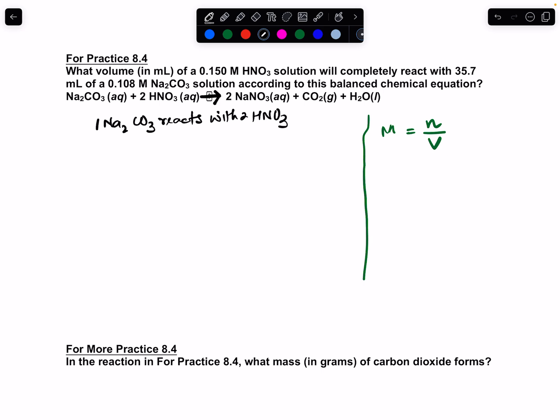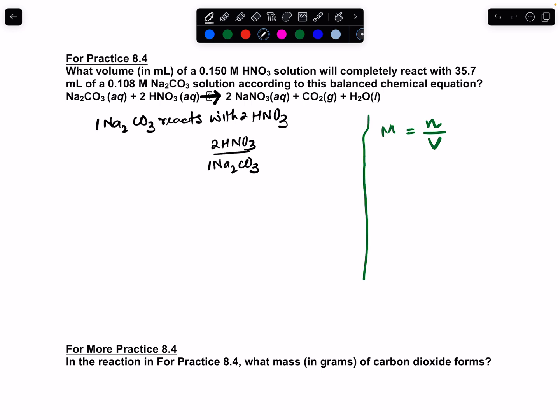You can use this relationship to create a conversion factor. I'm just going to make that 2HNO3 over 1 Na2CO3. You can do it the other way too, but in this problem, the question is asking us for what volume of 0.150 molar HNO3, which means we have to find out HNO3, so it makes sense to put HNO3 on top.